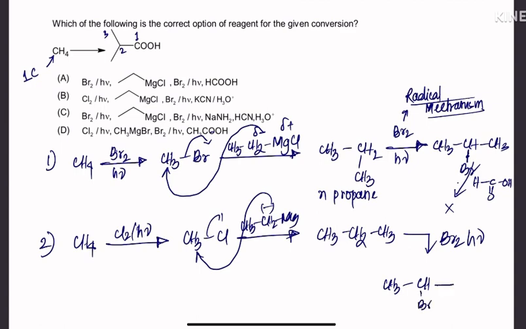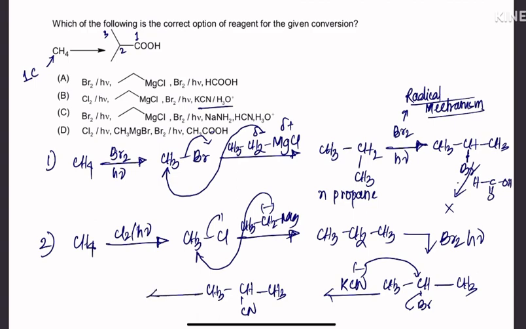Now see, in this case the last step is KCN. The CN minus will directly react with this center and bromine will leave, so it will form CH3CH2CN. If I add H3O plus medium, it will give CH3CH2COOH.